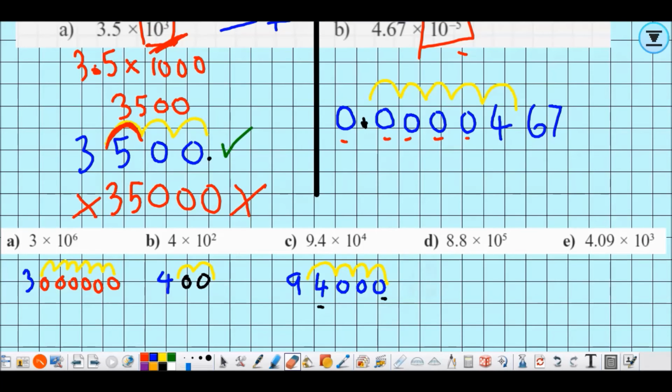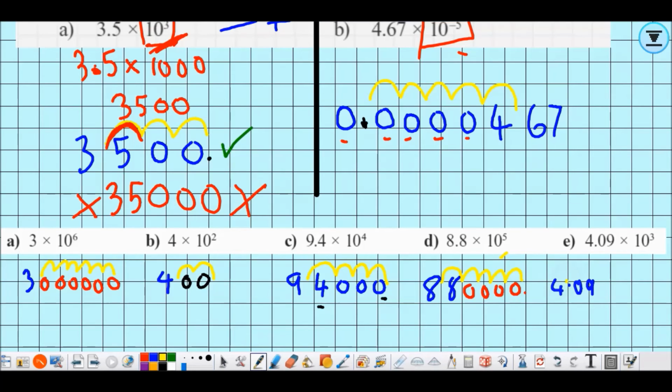D. I've got 8.8. I'm going to move that 10 to the power of 5. 1, 2, 3, 4, 5. Filling it in with placeholders. And my decimal point, remember, has moved now to the end of my number. And the last one, 4.09 times 10 to the power of 3.